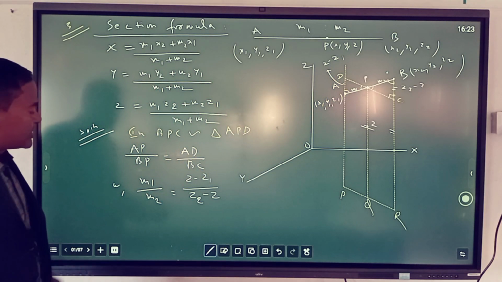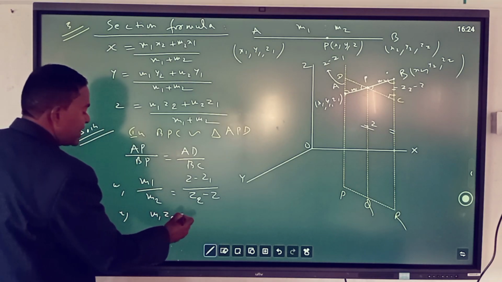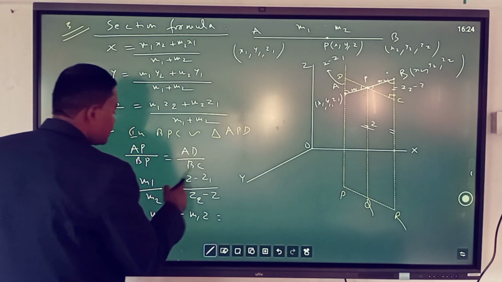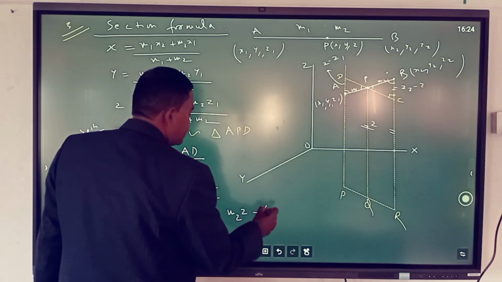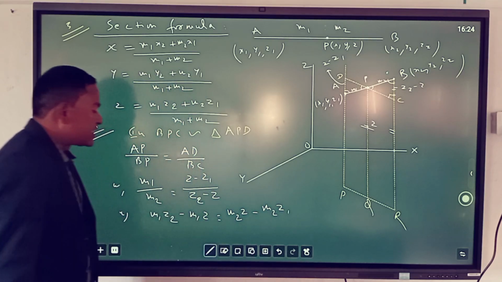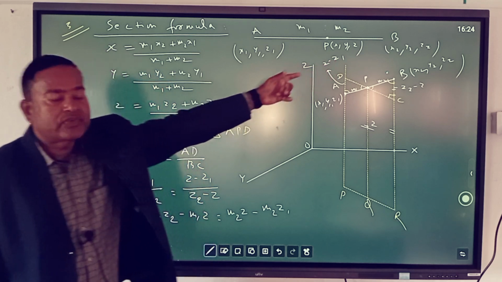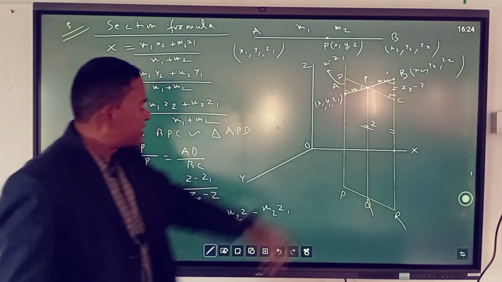Let's do now crisscross. m₁z₂ minus m₁z equals m₂z minus m₂z₁. Dear students, we have to find the values of x, y and z. So from this we can get the value of z, the z coordinate.